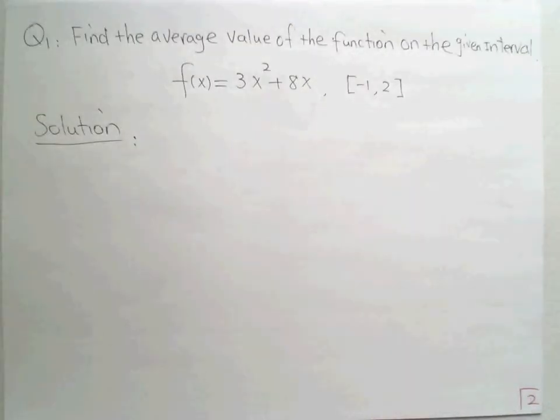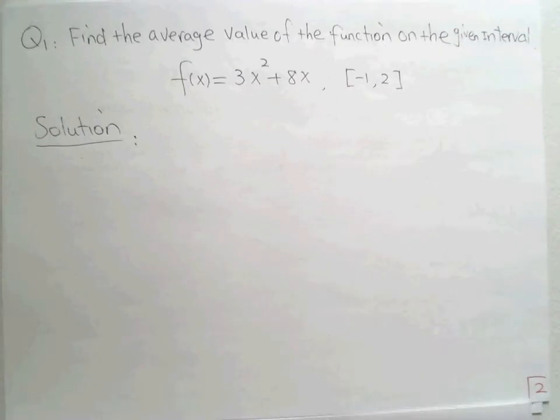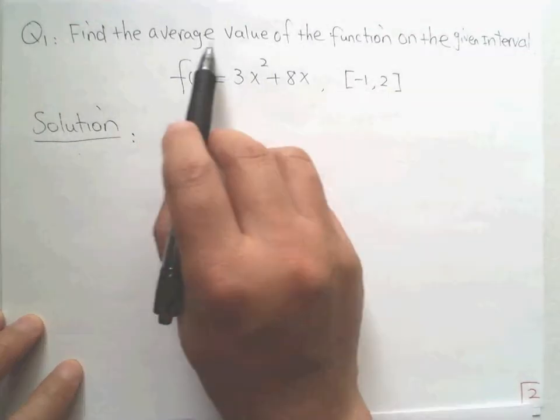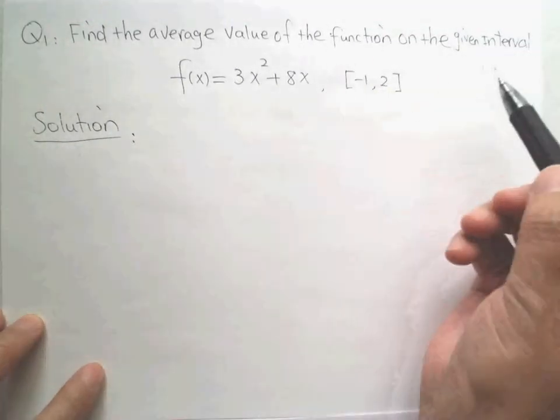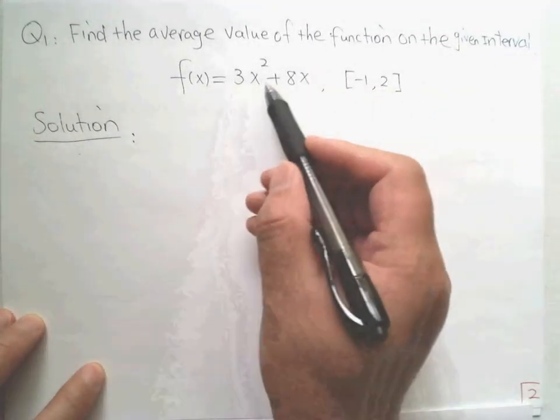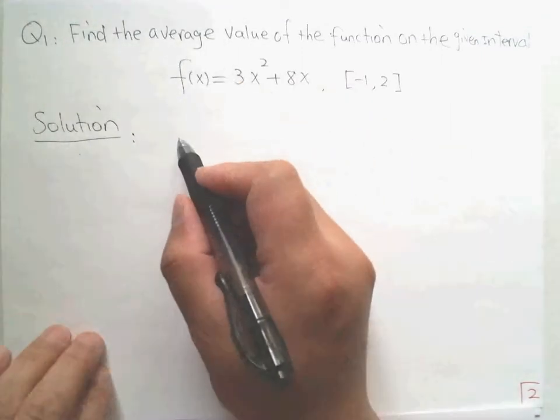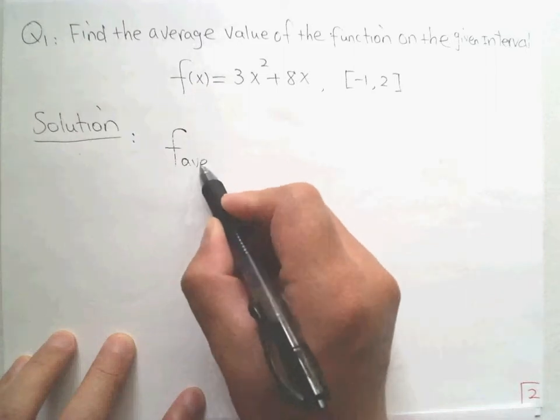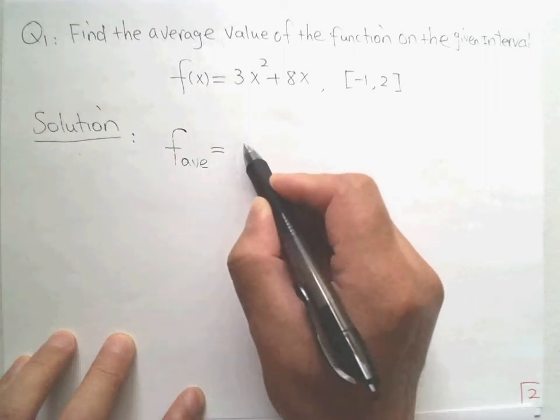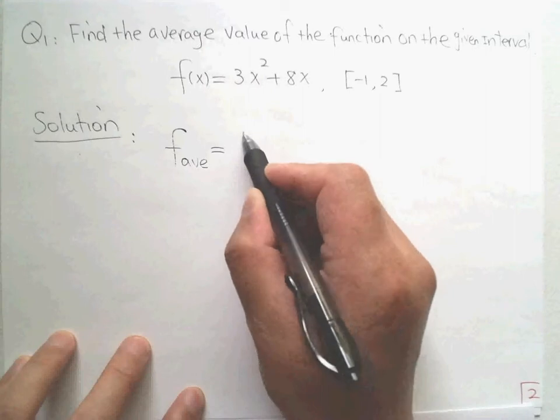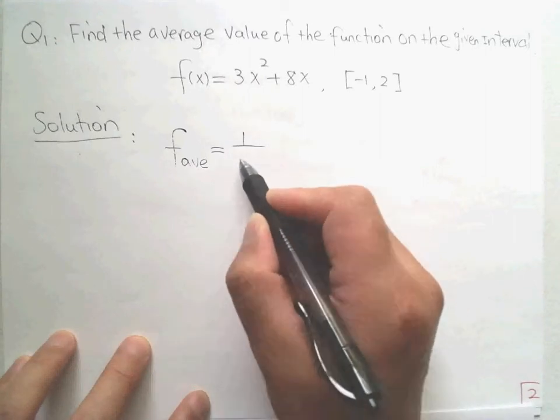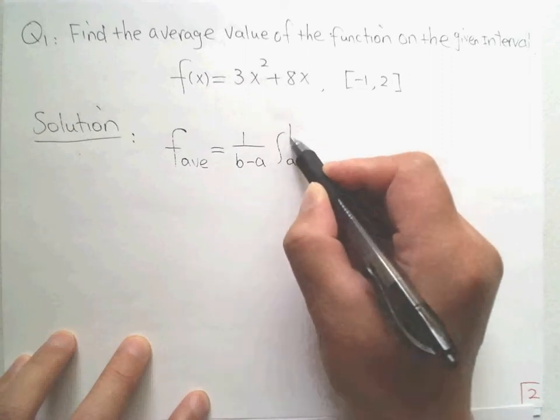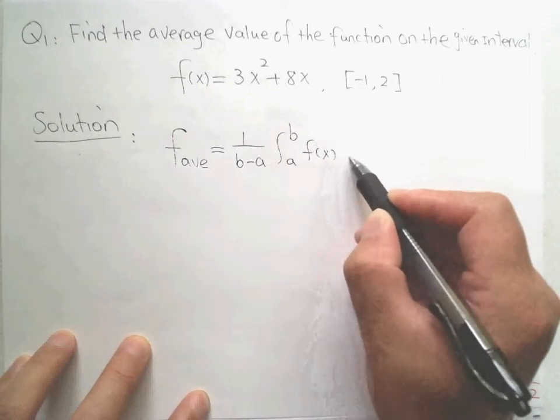Then look at these questions. Now find the average value. What definition do we have? The interval and the function are given, so the average value is just using the definition. The average value is defined as 1 divided by (b minus a) times the integral from a to b of f(x) dx.